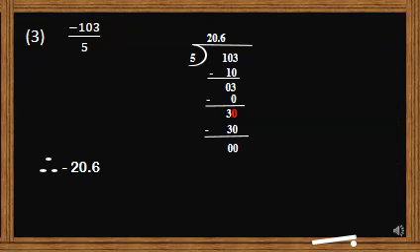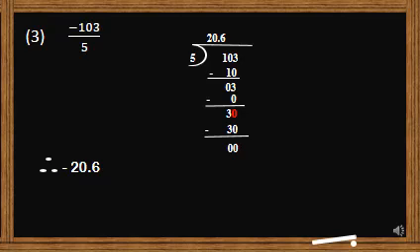Now we will solve our second sum, that is minus 103 divided by 5. We will write the divisor outside, that is 5, and minus 103 inside. We will remove the minus sign and write only 103 inside. So we will divide it.